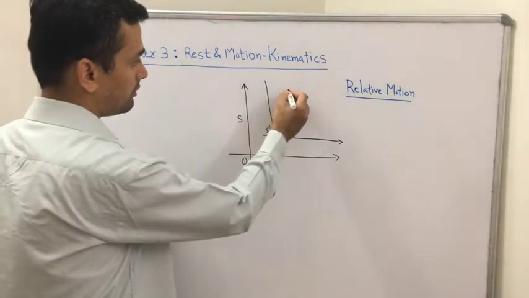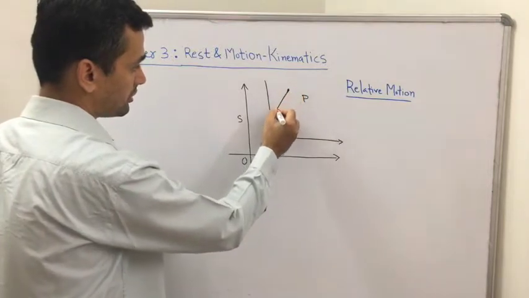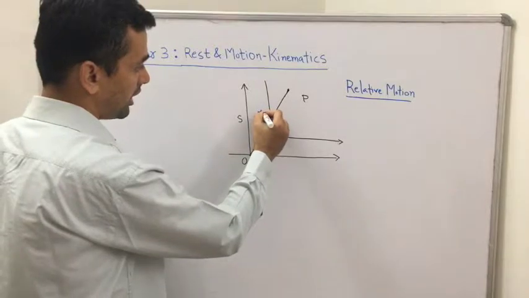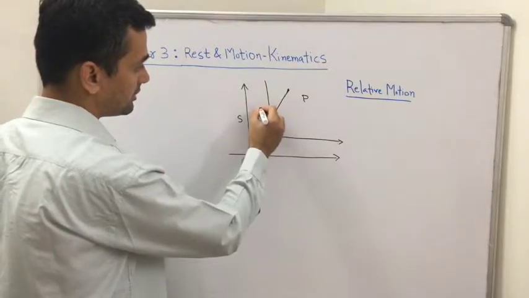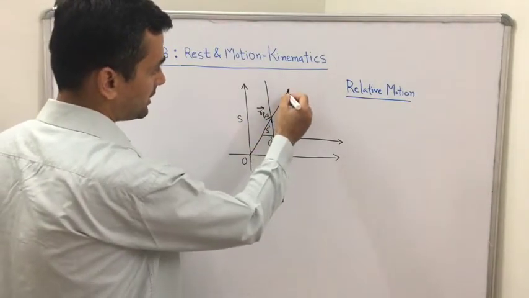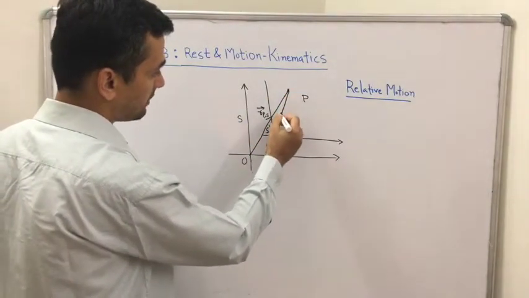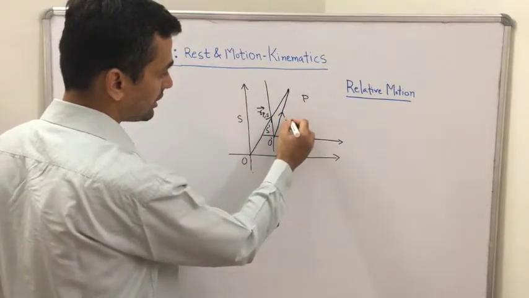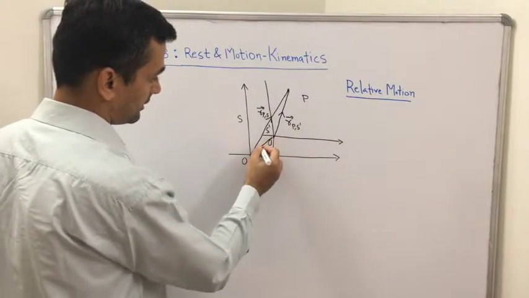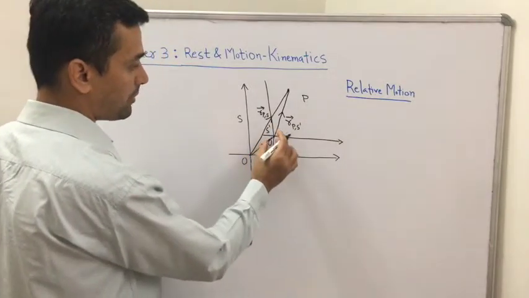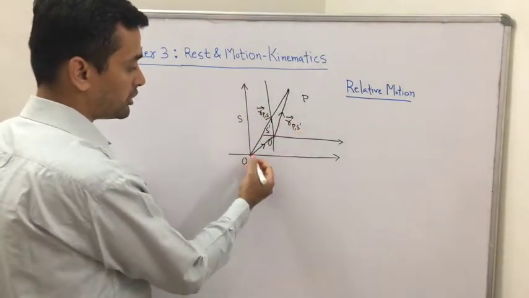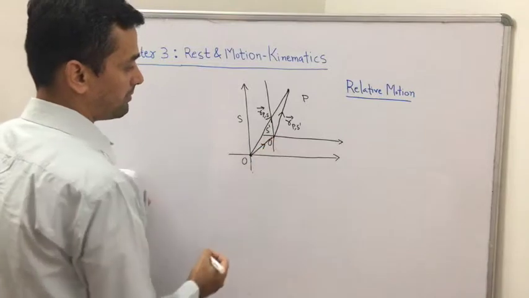Okay, so from the frame of reference of S, the position vector for this is R P with respect to S, which is OP. The position vector of P with respect to frame S prime is O prime P, which is R P S prime, and the position vector of O prime, which is the position of frame S prime with respect to frame S, is OO prime.